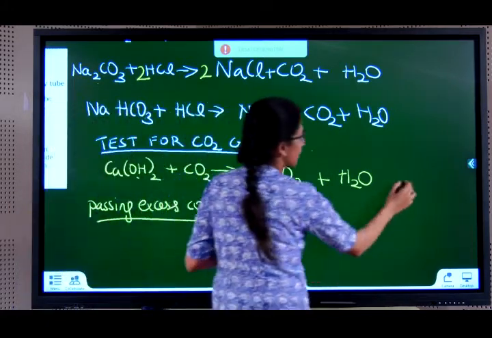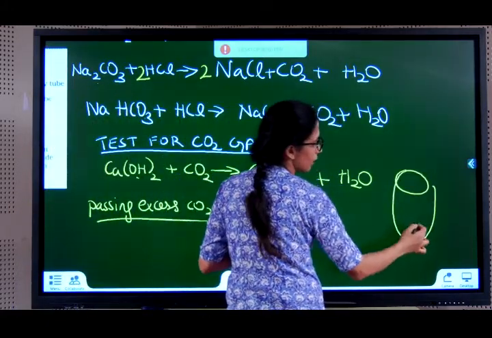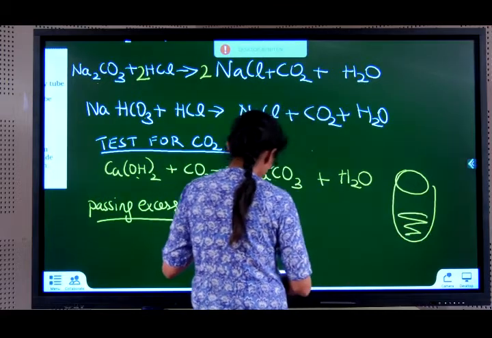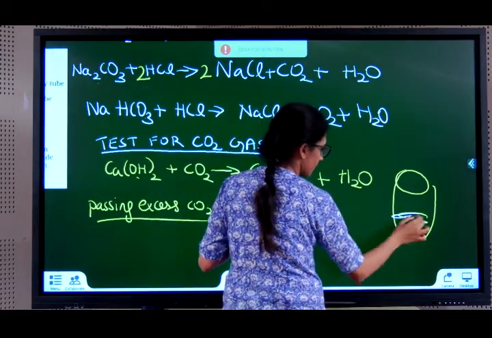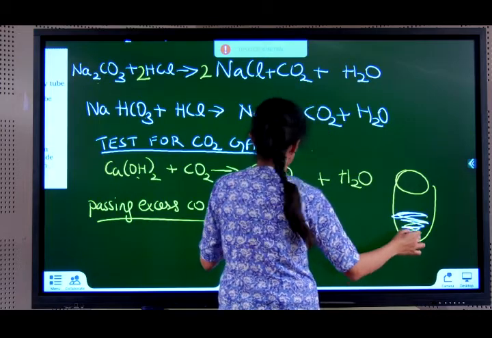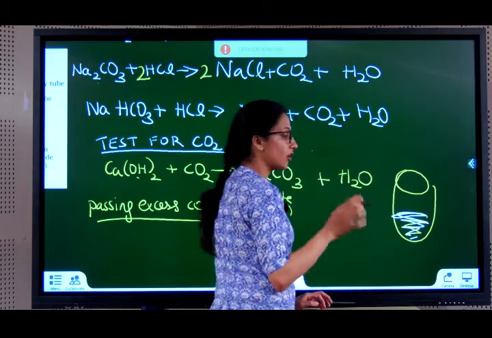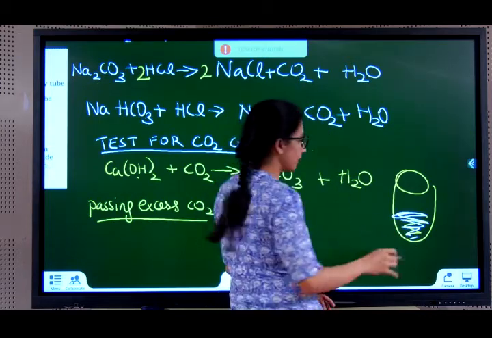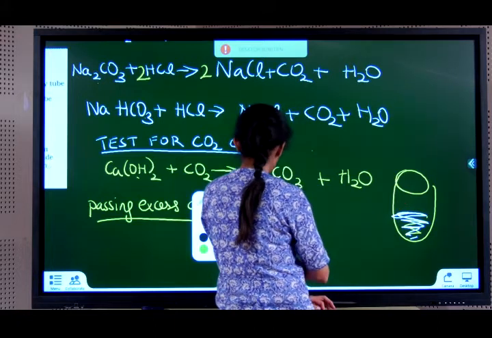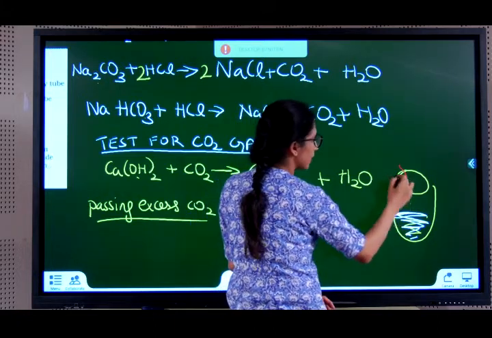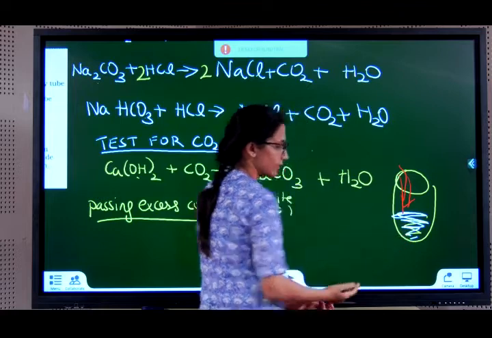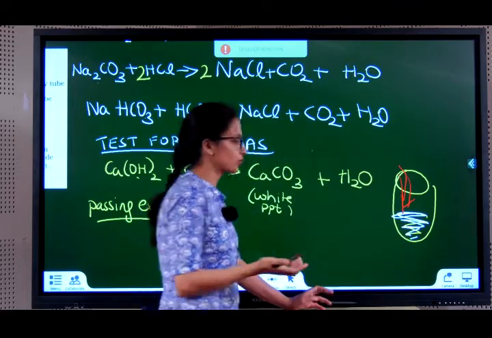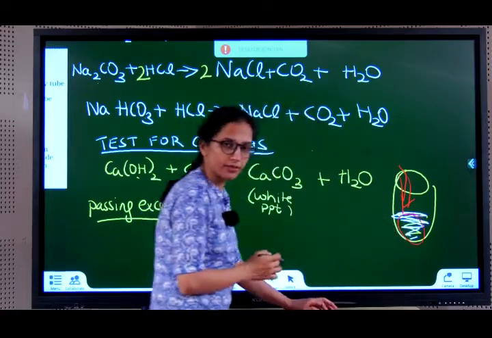I'll explain again. If this is a test tube and I have Ca(OH)2 over here, all my Ca(OH)2 has now become CaCO3. You kept pouring carbon dioxide. Now you are passing excess, more than required. So if there is any carbon dioxide coming, who is it going to react with? Is there any calcium hydroxide? No. So it is now going to react with this product itself.